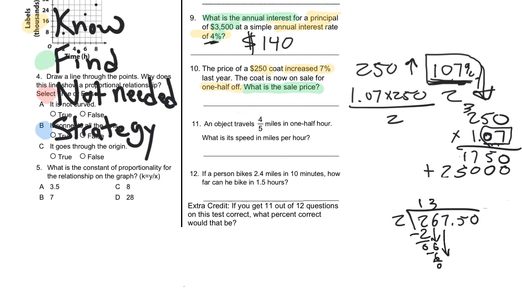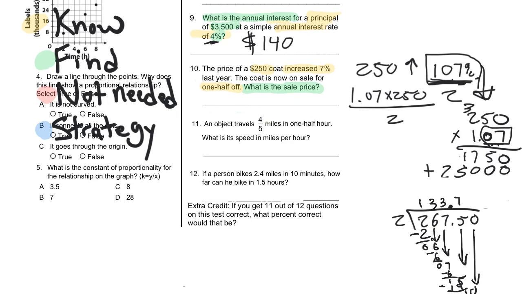Bring it down. 2 goes into 7 3 times, which is 6, 1. Let me put my decimal point before I forget. Bring it down. 2 goes into 15 7 times, which is 14. I get a 1.